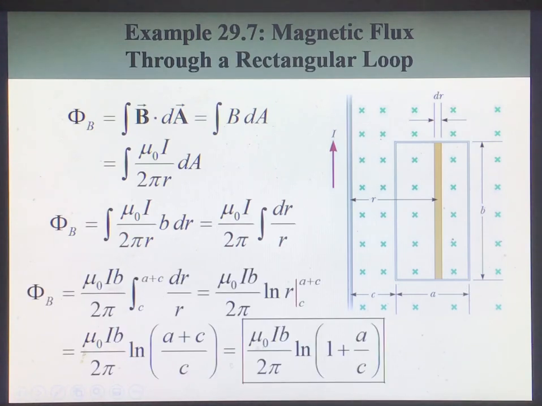So if you substitute that and run this integral, since the integral of 1 over r is just the natural log, you end up with this final equation right here. This is the magnetic flux that goes through this surface right here. Notice that this is an example where the magnetic field is not uniform, so we need to calculate the magnetic flux by doing an integral.